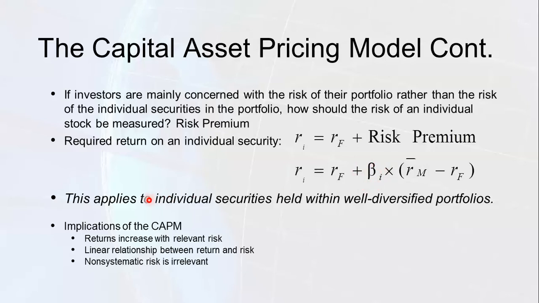Therefore they introduced the concept of beta. Beta can be used to measure the risk of a security which is part of the portfolio. That is the main contribution of CAPM.